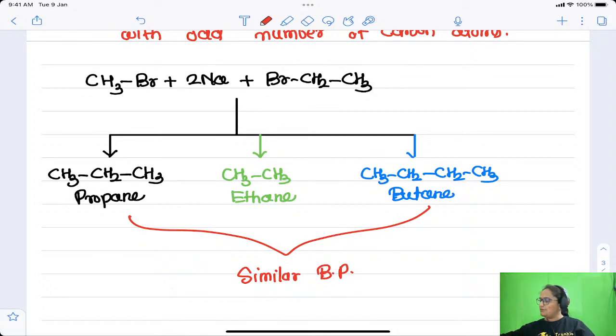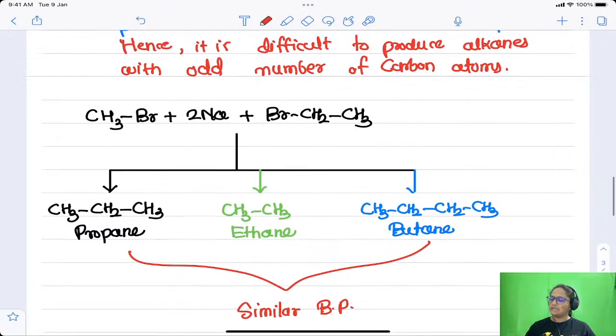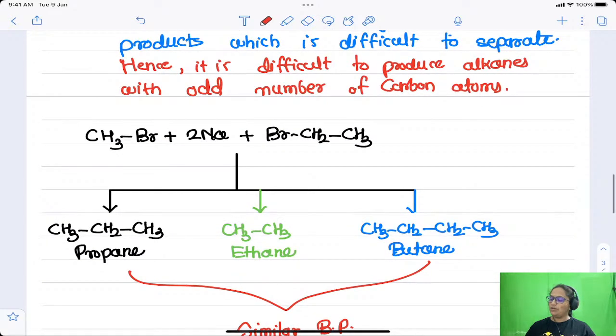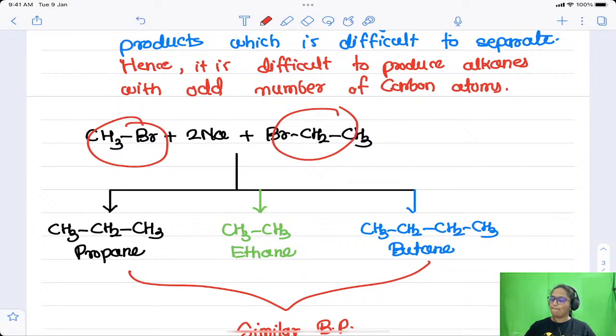Therefore it is difficult to separate this mixture. I will not be able to separate propane from the mixture because their boiling points are very near to each other, so I cannot carry out distillation. This is called the cross reaction: a reaction between different molecules.